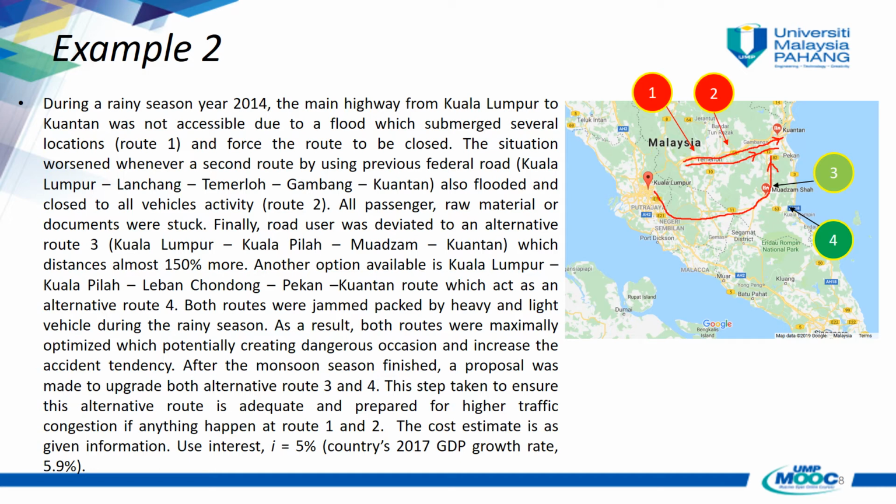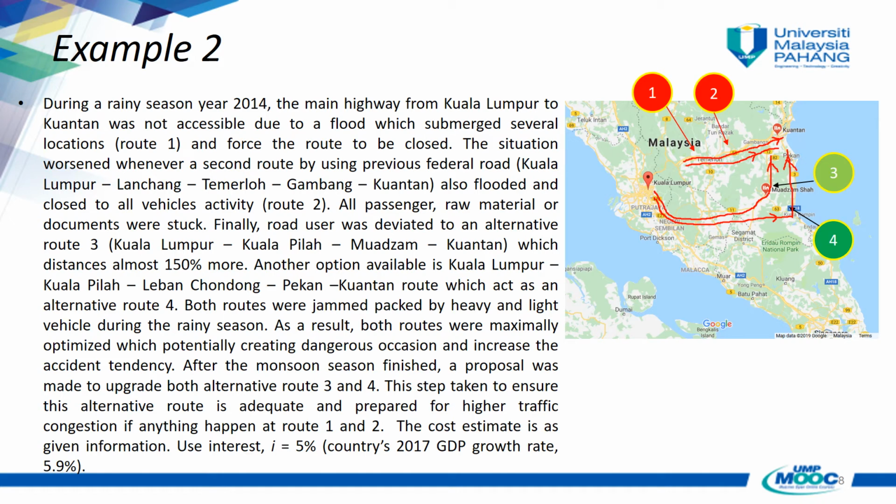Another option available, also from Kuala Lumpur, uses the same route to Kuala Pilah, but then they use the Leban Condong, and from Leban Condong they will go to Pekan, and then Kuantan, which acts as alternative route 4.